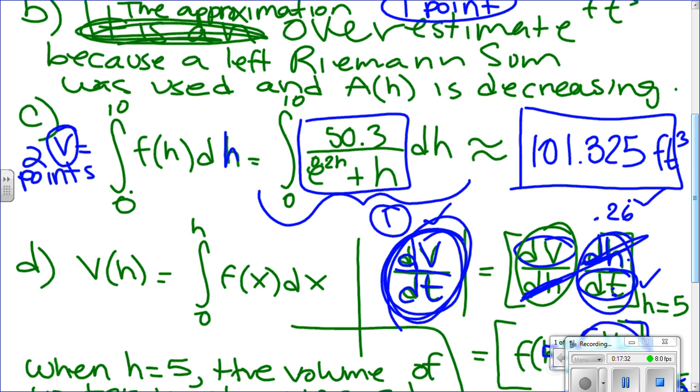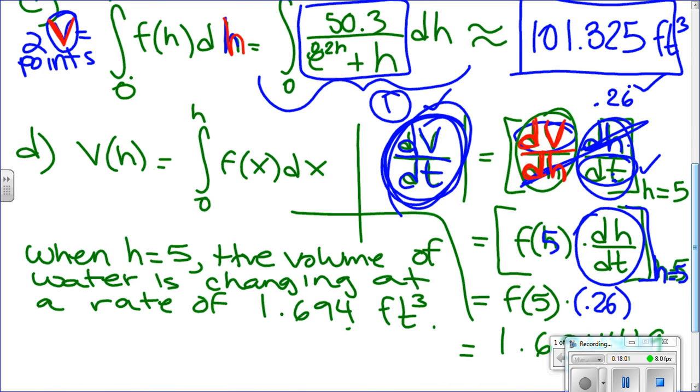When you differentiate that formula, you basically cancel out the integral, and you're just left with f of h. This is the volume based on height. If you were to differentiate it, you're calculating how fast the volume is changing with respect to the height. That's why I really like this notation. I think this is my favorite notation.